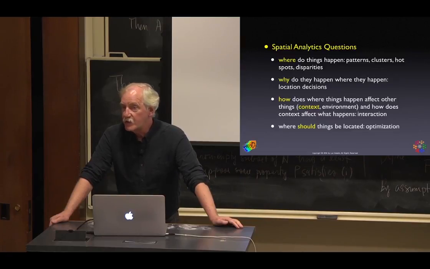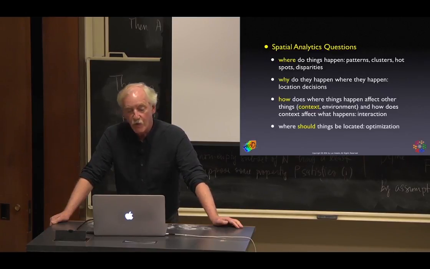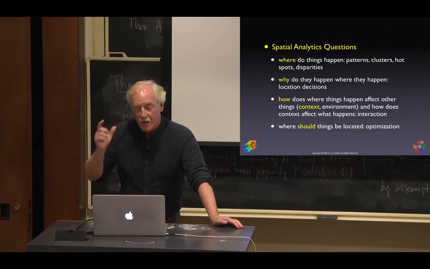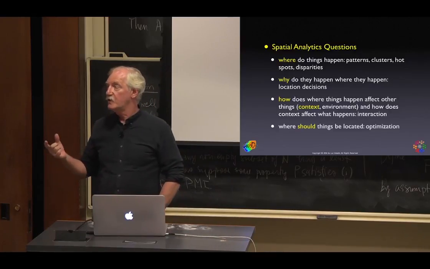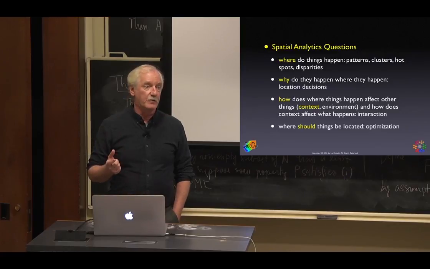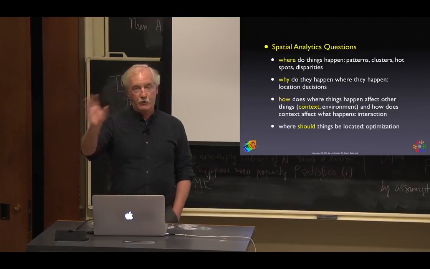Then the third one is about context. How does what happens in one particular location affect what happens around it and vice versa? So there's this feedback effect. And by the way, parenthetically, it is this feedback effect, this interaction, that makes spatial analysis difficult. In a time series, the past predicts the future.